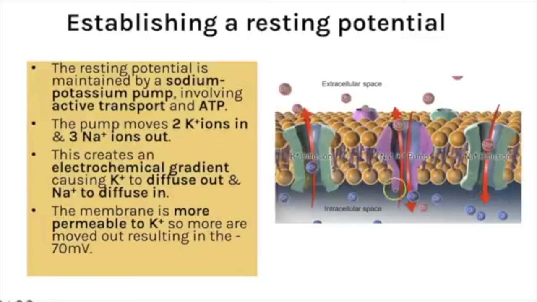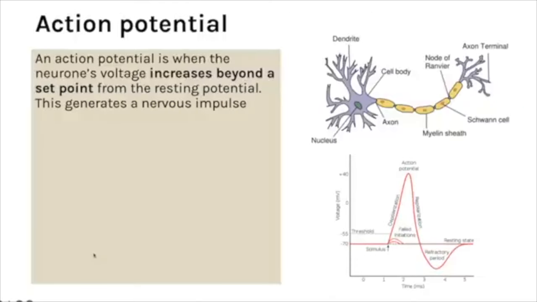However, the membrane is more permeable to potassium ions because there are more potassium ion channels and because some of those ion channels remain permanently open. So that means more potassium ions can diffuse out than sodium ions diffusing in. And as a result, there are more positive ions outside of the cell compared to inside of the cell, and that's how we get the minus 70 millivolts.